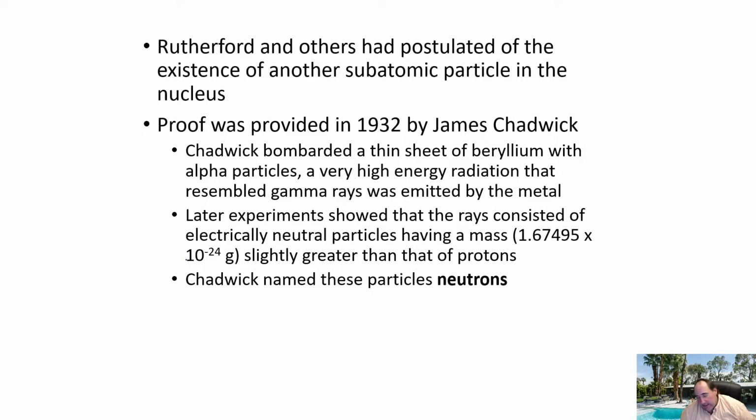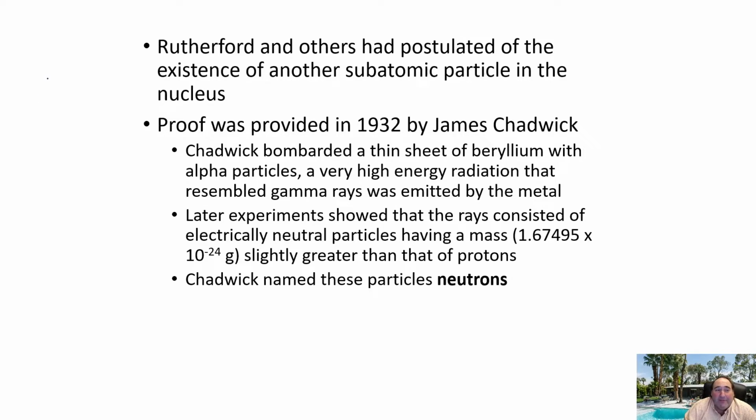It wasn't until about 1932 that a guy by the name of Chadwick did some experiments. He shot alpha particles at thin pieces of beryllium, and what he saw come off of it were radioactive particles that resembled gamma rays.